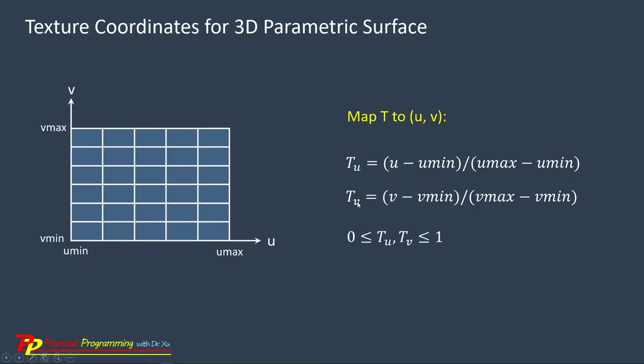Similarly, we define TV as V minus V minimum, divided by V maximum minus V minimum. So when V changes from V minimum to V maximum, TV will change from 0 to 1. TU and TV are just the texture coordinates we want for our 3D parametric surface.